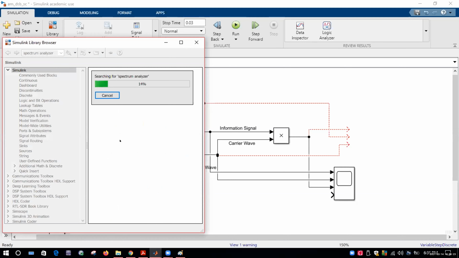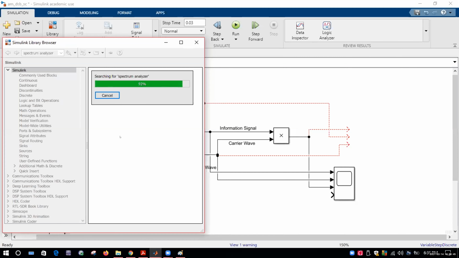Search. More steps, Mr. Samir. No, if you remember, all these steps are the same for all. I must repeat all the previous experiments.